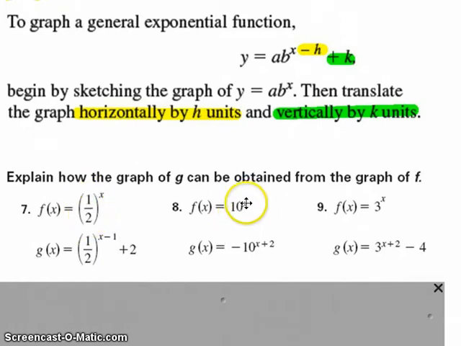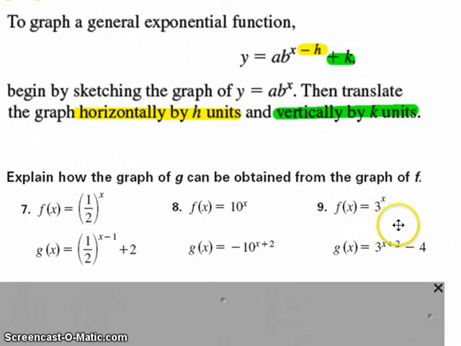Similarly, if this is my generic graph, then this is going to make it move 2 spaces to the left. There's no up or down because there's no k value, but because it's a negative, it's now going to go downward, and remember the runway therefore is going to go that way instead of the runway with the original generic going upward.